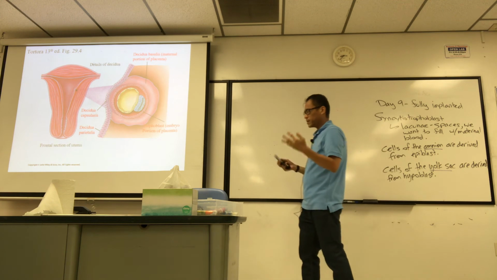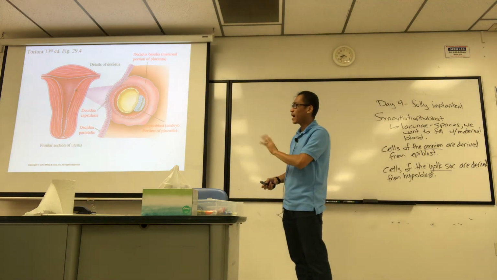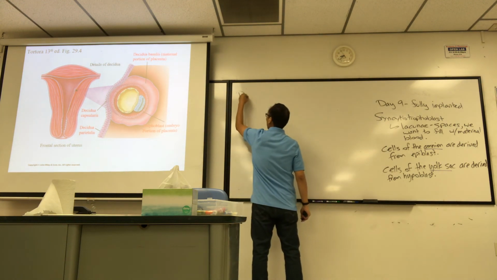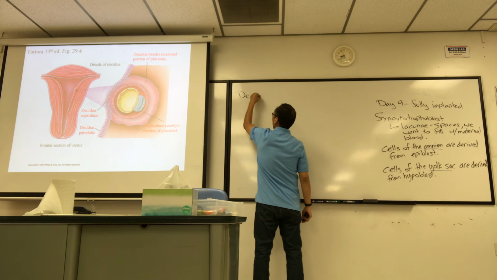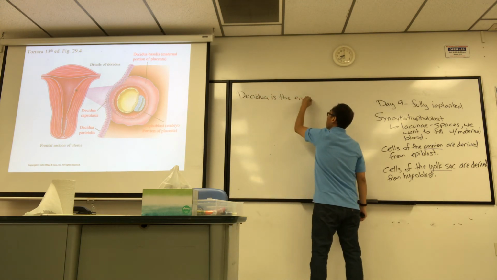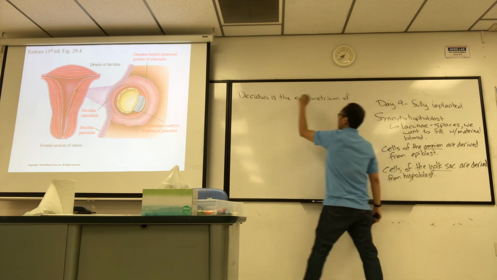The decidua is the endometrium of pregnancy. So there are changes that happen. The details of that, don't worry about it. But know this: the decidua is the endometrium of pregnancy.